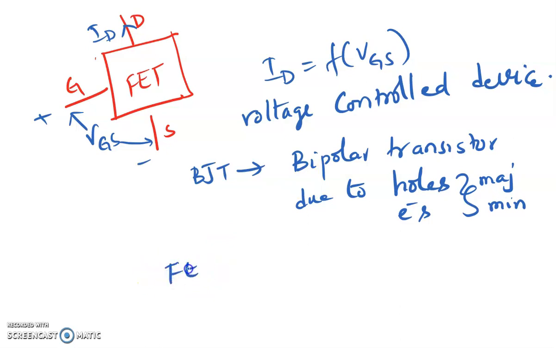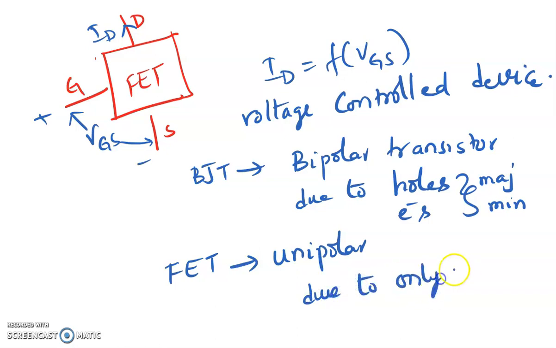Coming to the field effect transistor, it is a unipolar transistor. Unipolar means the current conduction is due to only one type of carrier: either electrons, in the case of an n-channel JFET, or only holes if it is a p-channel.